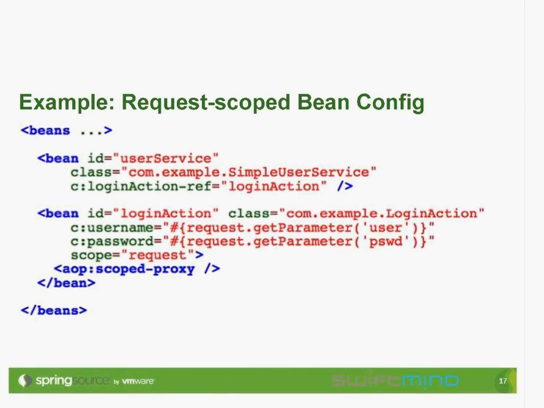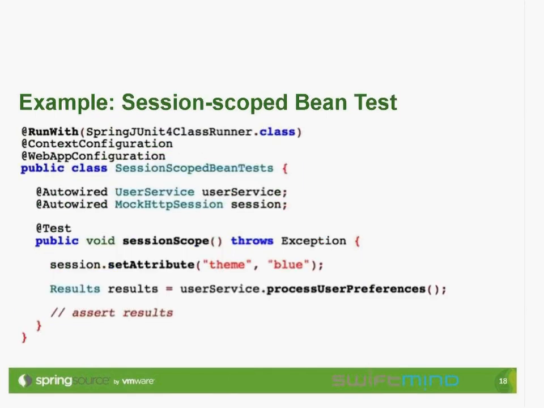Now moving on, beyond request scope beans, we can do something similar for session scope beans. In this case, the configuration at the top is exactly the same. We are again injecting our user service with @Autowired, but this time instead of the request, we're using @Autowired to inject a mock HTTP session. And now if we look at the public void session scope method, we can see that we're actually using this mock session.